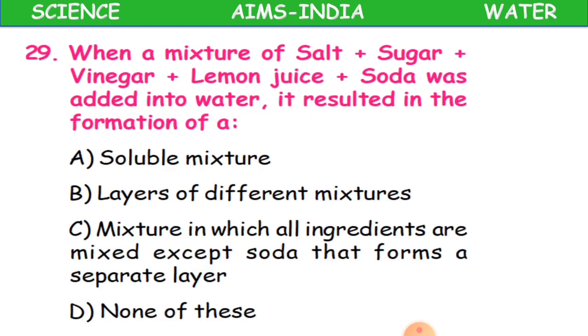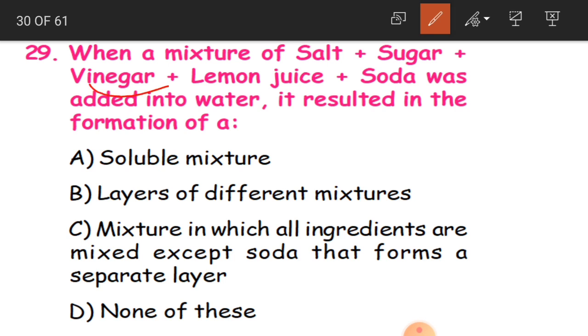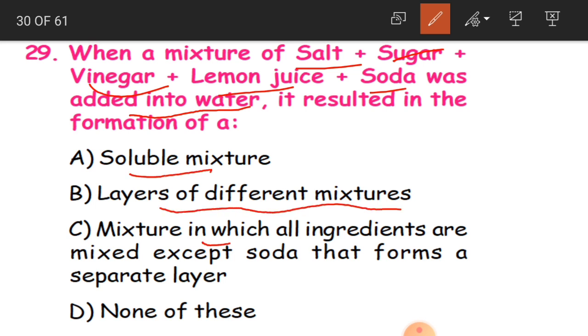Now we'll go with the 29th question. When a mixture of salt plus sugar plus vinegar plus lemon juice plus soda was added into water, it resulted in the formation of a: a soluble mixture, layers of different mixtures, a mixture in which all ingredients are mixed except soda that forms a separate layer, or none of these.